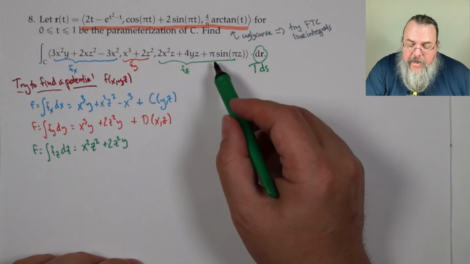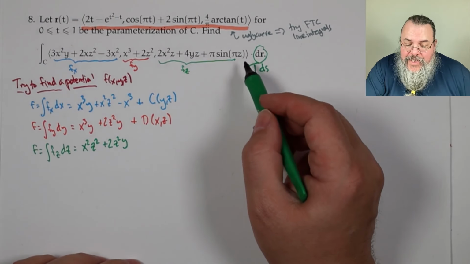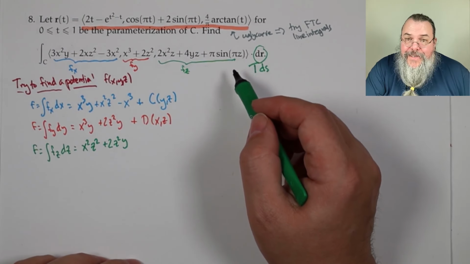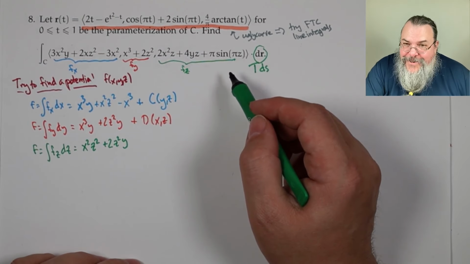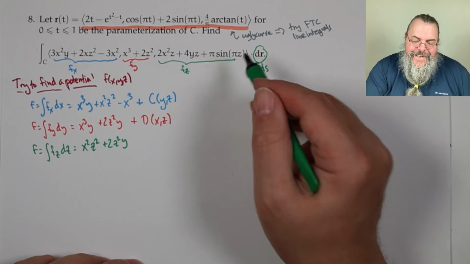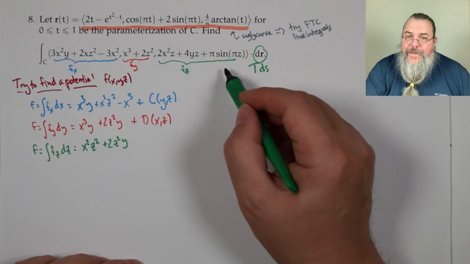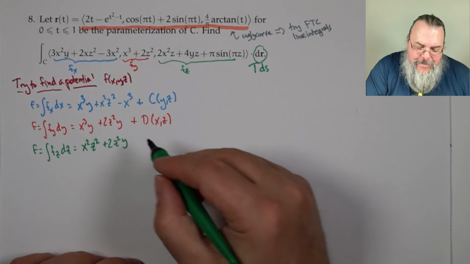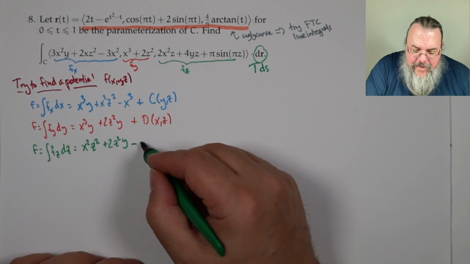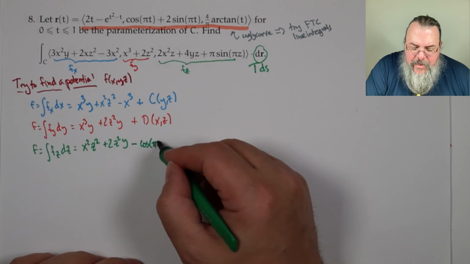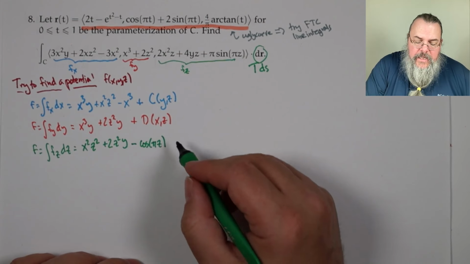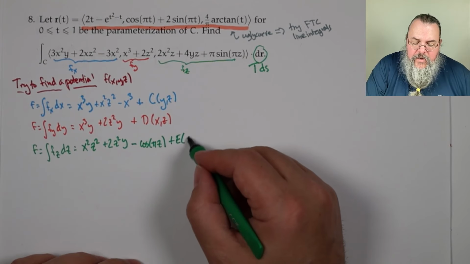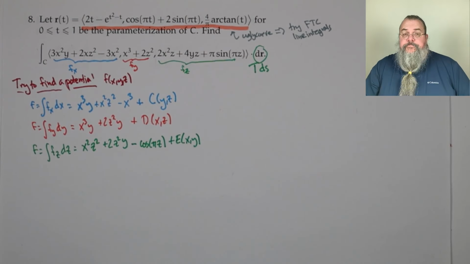And integral of pi sine of pi z, well, what's the integral of sine? Negative cosine, right? The pi in front will cancel out, because you have to be careful with the chain rule. So minus cosine pi z. And then, of course, something which depends only on x and y.